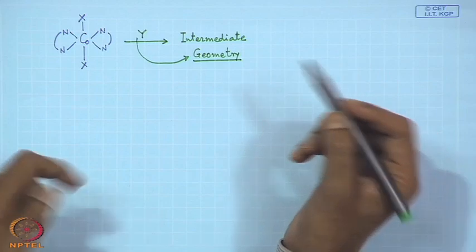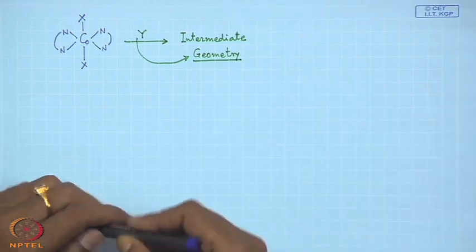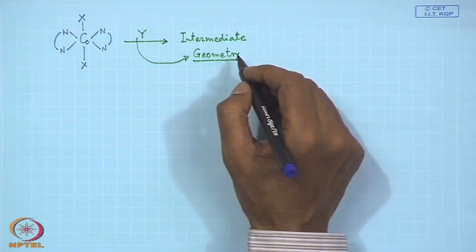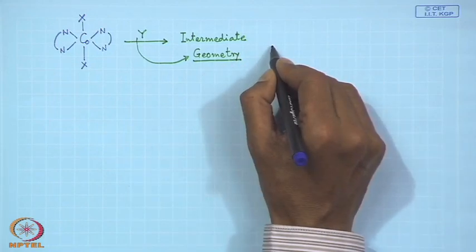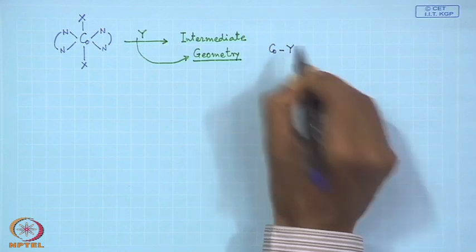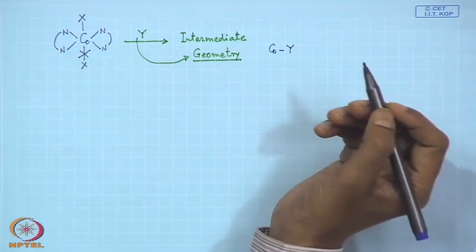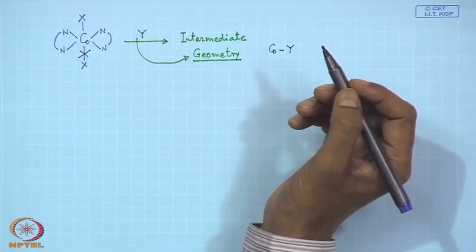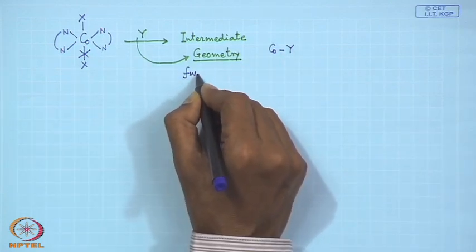Depending upon these positions of attack to the cobalt center by y, forming a new cobalt y bond, where we just deleted one of the cobalt x bonds, that means it is again a 5 coordinated one.